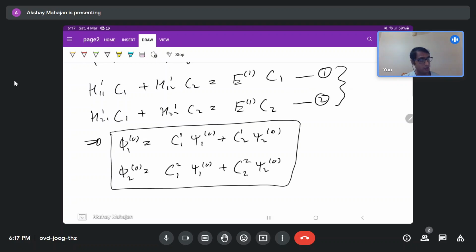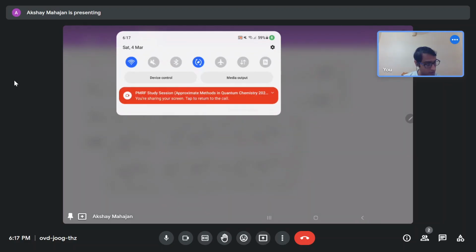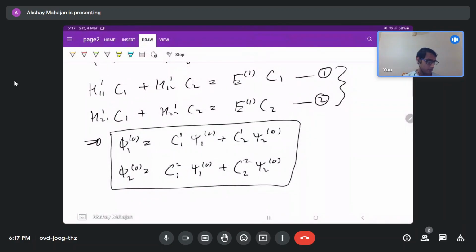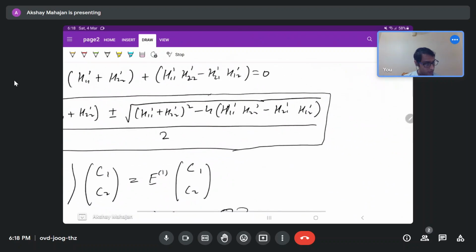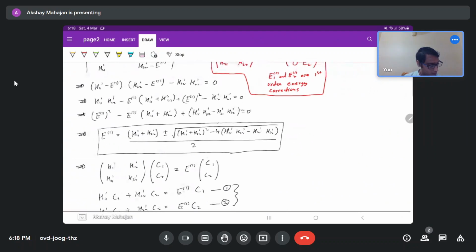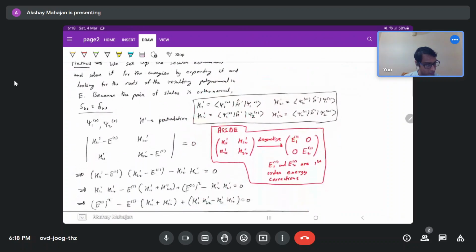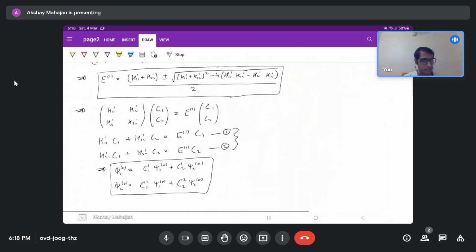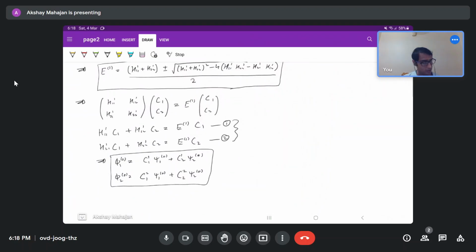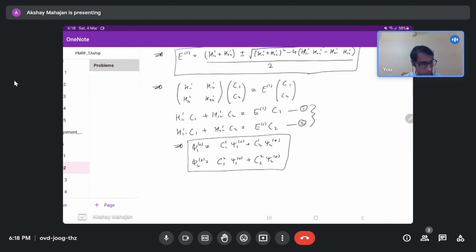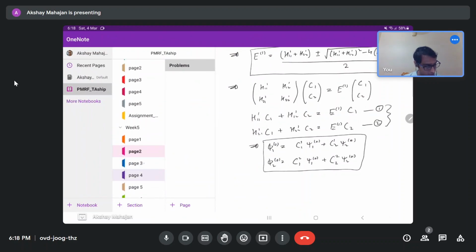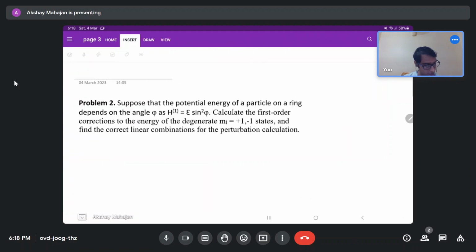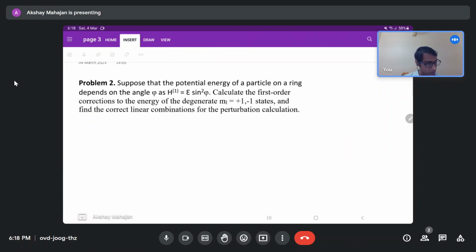Basically, our new wave functions are going to be linear combinations of this psi 1 0 psi 2 0. All right. So this is our first question. This question just explains the basic strategy of solving these degenerate perturbation theory problems. Okay, let's go to the next problem. Okay. Now suppose that, okay, now our problem number 2.